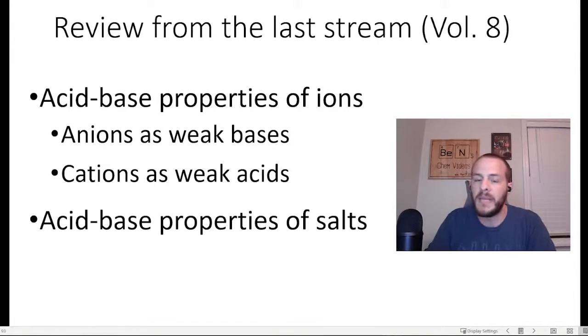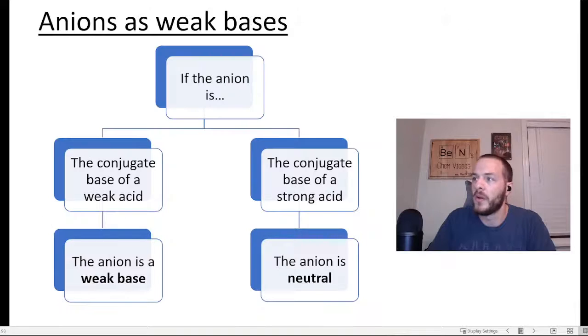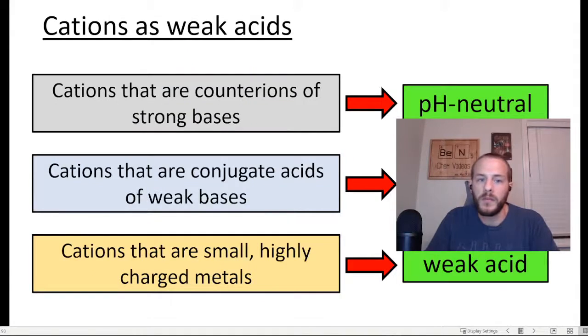Anions can behave as weak bases, and we saw last week that if your anion is the conjugate base of a weak acid, then that anion is itself a weak base. And if your anion is the conjugate base of a strong acid, then that anion is pH neutral. So your anion will either be weakly basic or pH neutral, depending on what it's the conjugate base of. And we also looked at cations, which behave as weak acids in some cases.